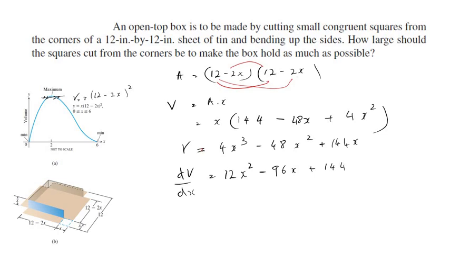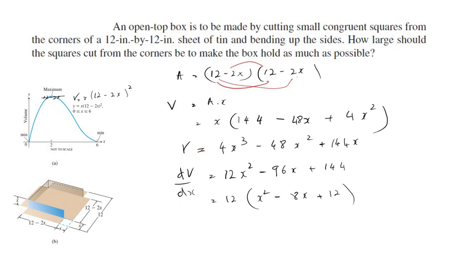So we have 12x squared minus 96x plus 144. We take the 12 as a common factor, so we have x squared minus 8x, because 12 times 8 is 96, plus 12.